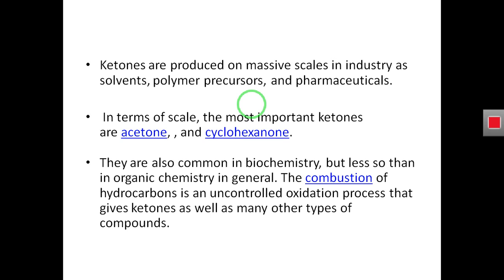Ketones are also important in biochemistry. The combustion of hydrocarbon is an uncontrolled oxidation process that gives ketone as well as many other types of compounds. For example, when we burn hydrocarbon, it can generate ketones.